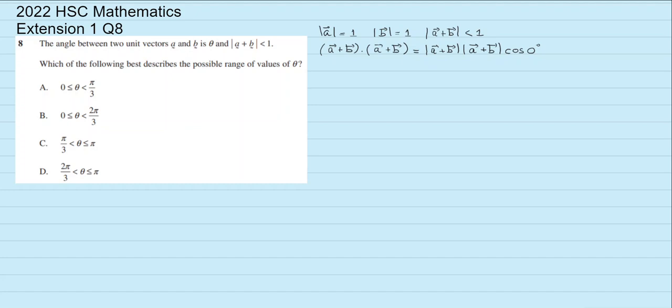Now, if we expand on the left hand side, let's do the multiplication between the two terms.